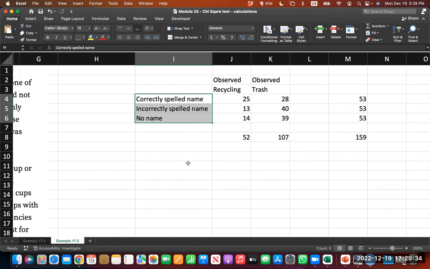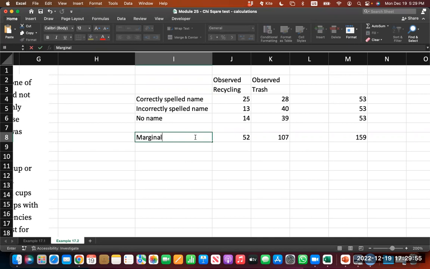First we need to understand what is expected. No, this is the actual count. These are the so-called marginal totals. This is the sum of all recycled cups. This is the sum of all trash cups.